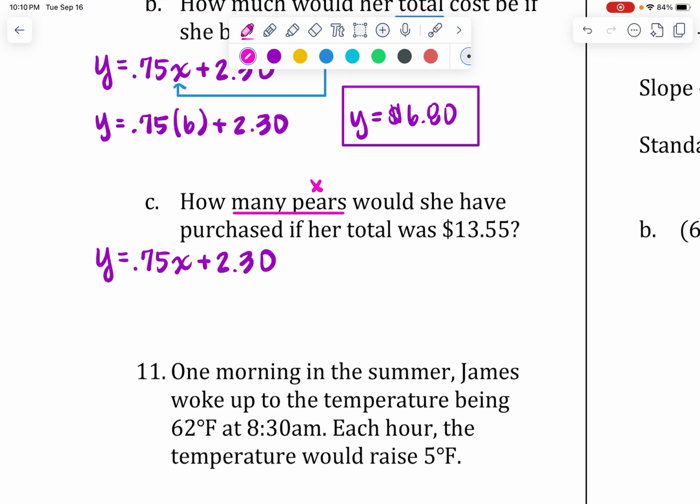How many would she have purchased if her total was $13.55? Well, that's money, and that's y. So this is asking us to take the y value and plug it in to our equation.